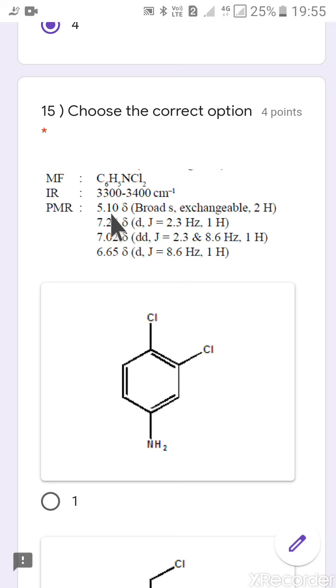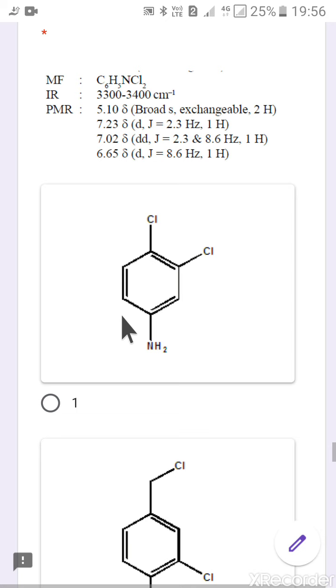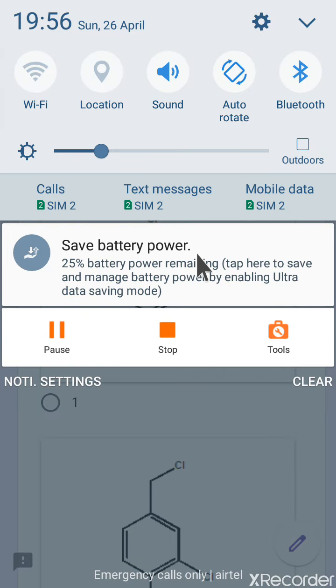The PMR signals in the aromatic region are only 3 aromatic protons, which means the other 3 positions are substituted with other functional groups. So we have a tri-substituted benzene ring.